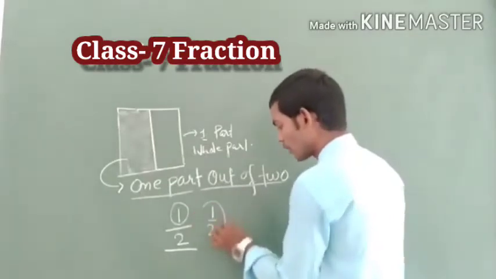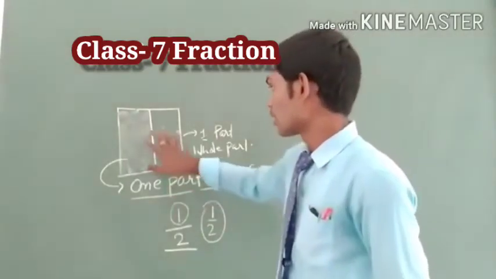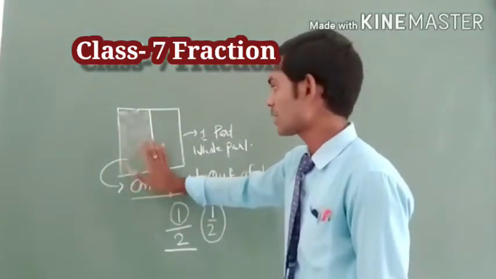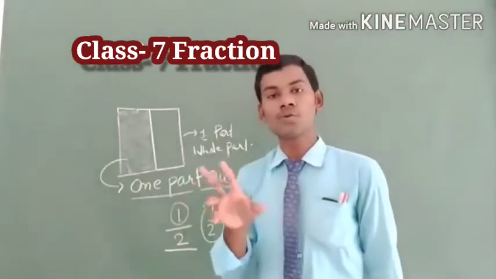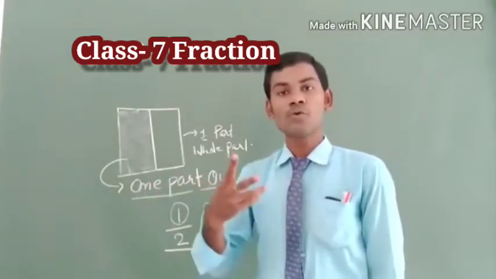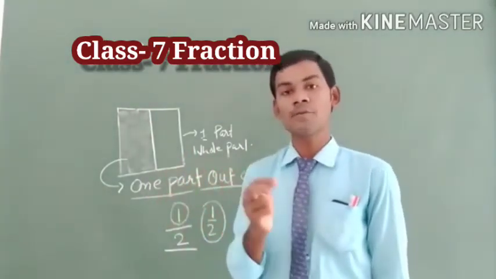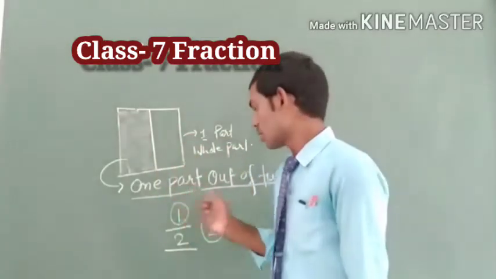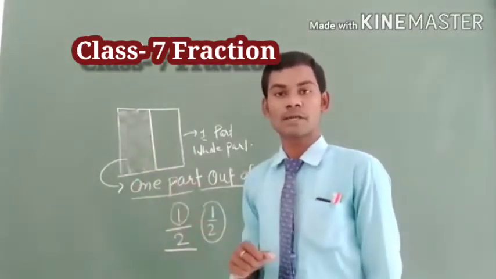Okay, and here in the figure we can see that one part out of 2 has been shaded, which means half part, because here I divided the square into two equal parts. That means this square is divided into two halves. So if it is divided into two halves, and I shade one half of this square, then 1 by 2 represents half part of the object.